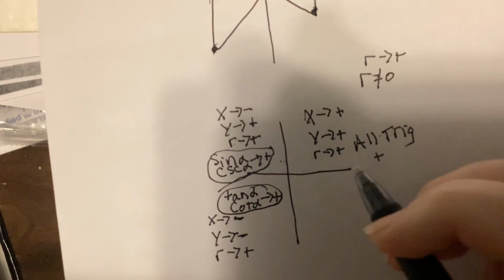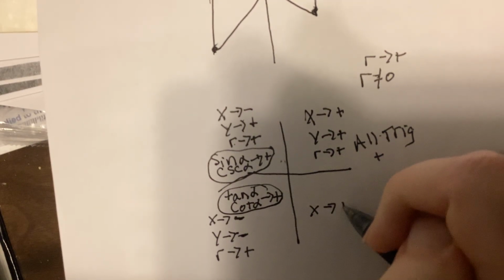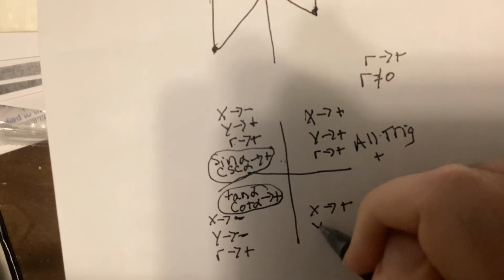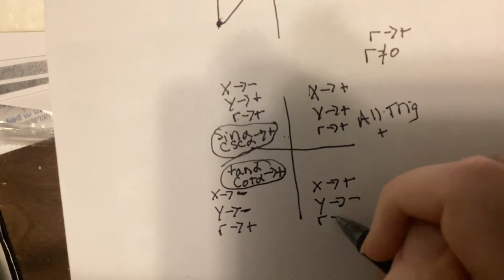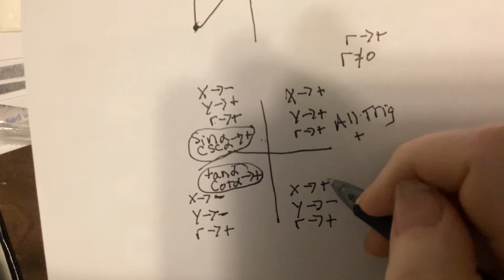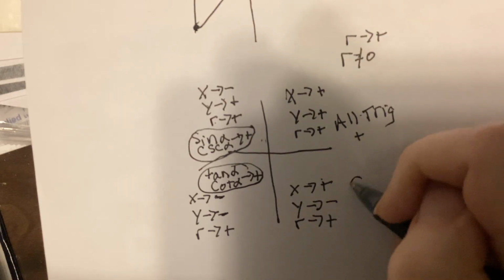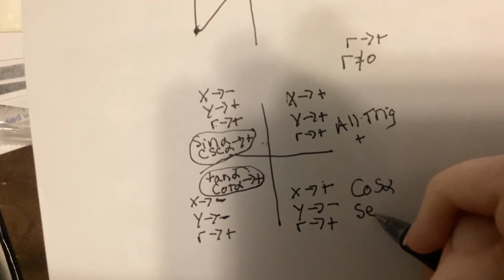And last but not least, the fourth quadrant, x is positive, y is negative, and r is positive. So the trig function that's positive would be x and r, which is cosine, and its reciprocal secant.